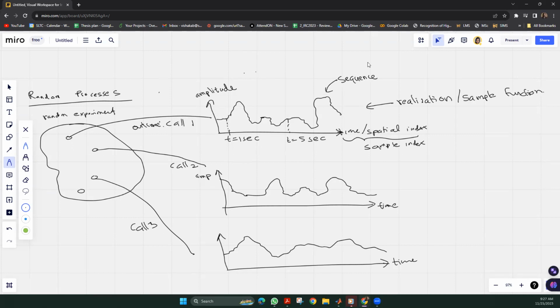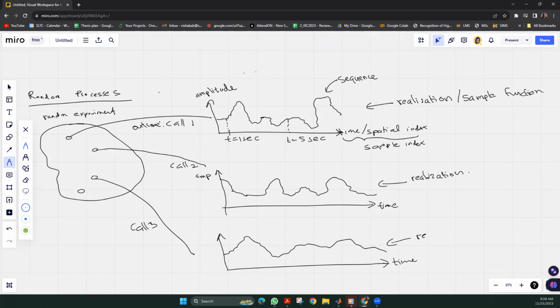Sample function means that for one specific outcome, the function shows the variation of the specific parameter we are considering against time or against a certain sample index. So each of these are realizations.